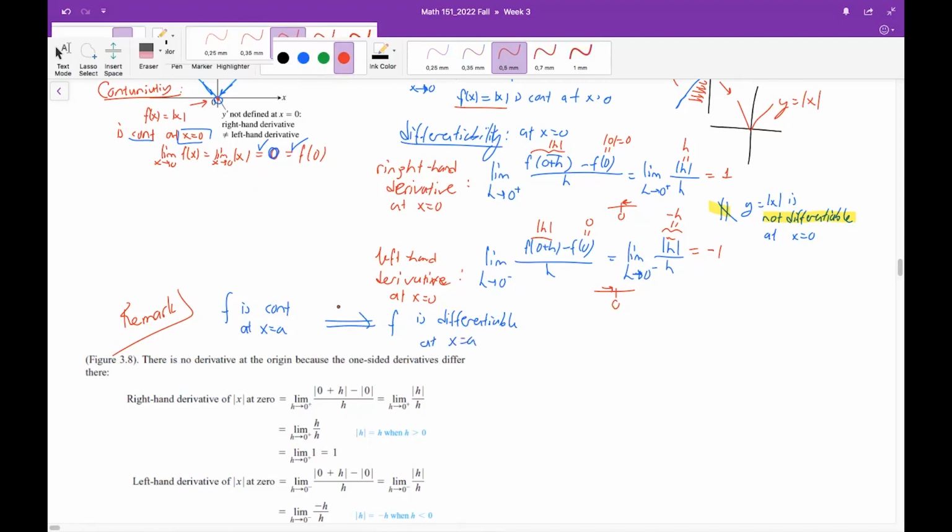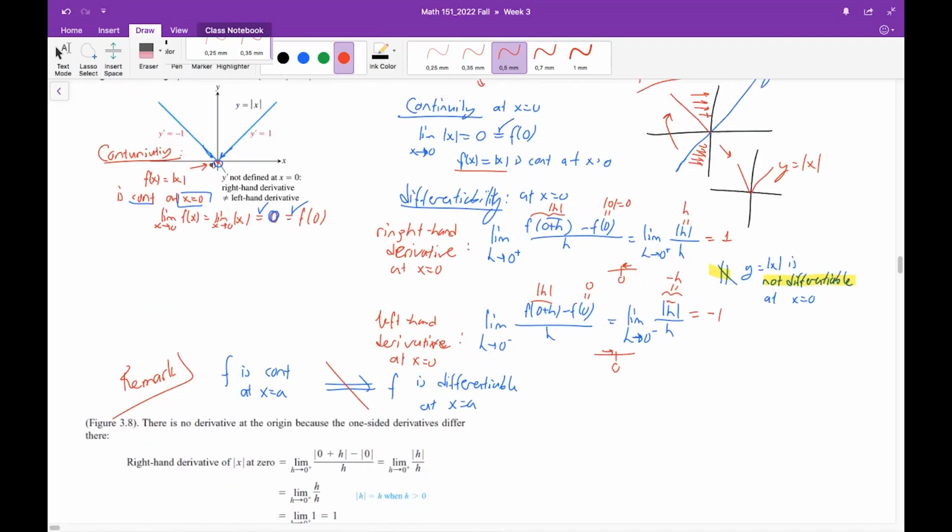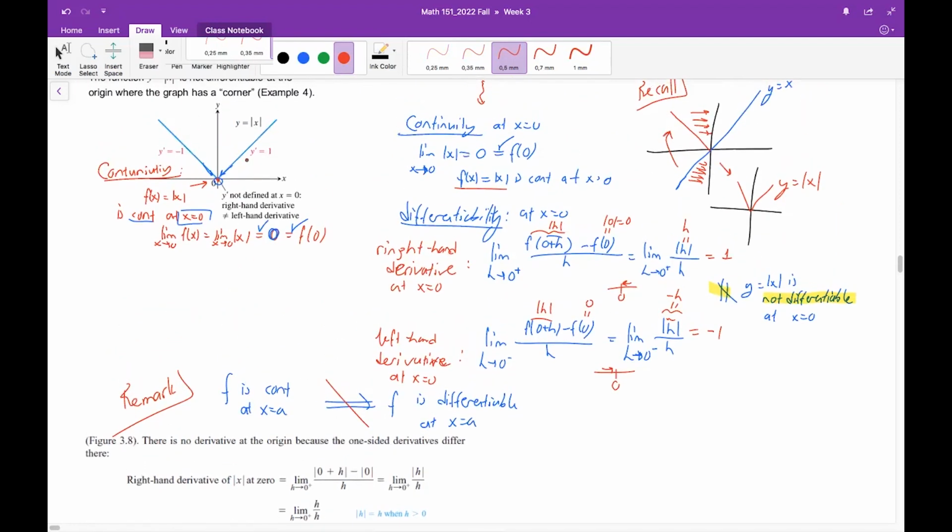So in fact, this is not correct. This does not happen. We just showed one example of this kind of phenomenon, showing that if a function is continuous at a point, it may not be differentiable there. So continuity doesn't ensure the differentiability of the function.